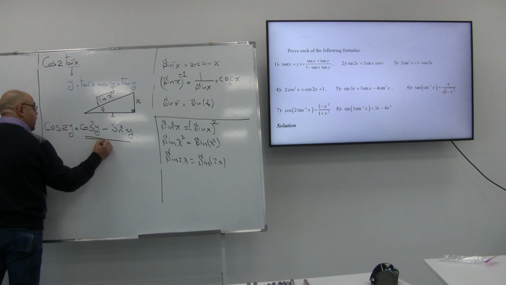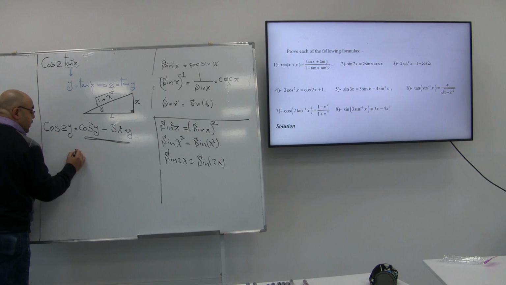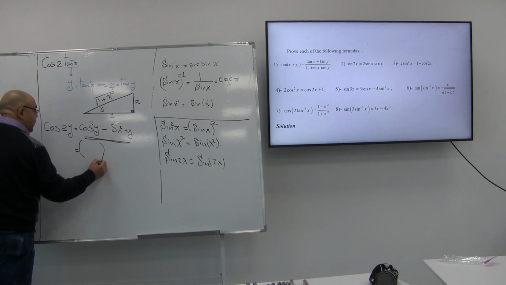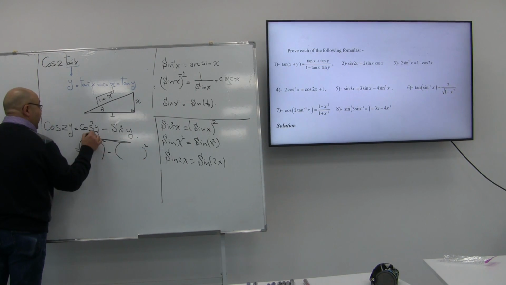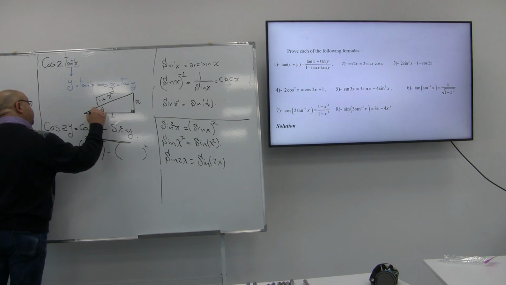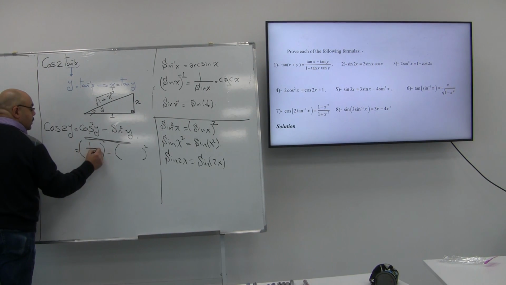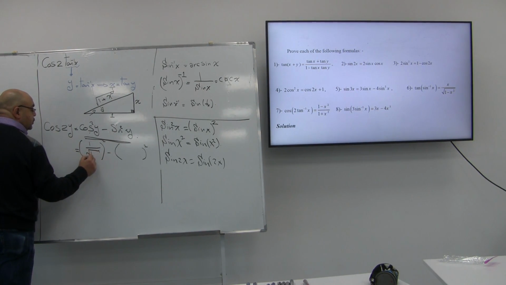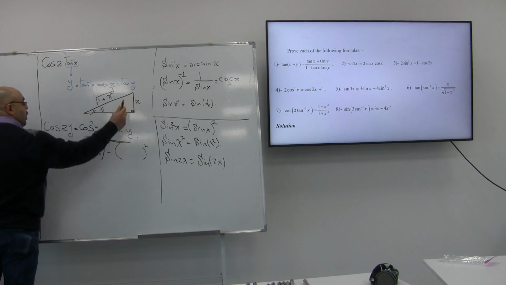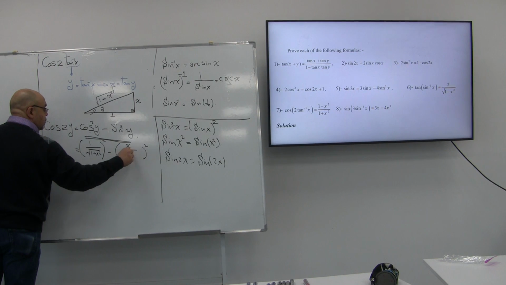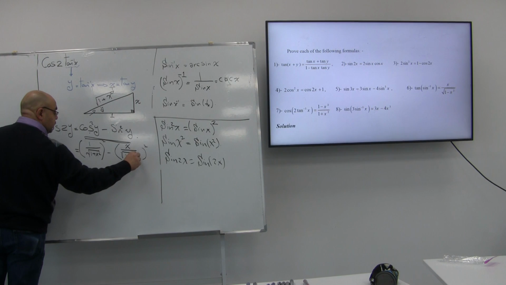This is from the trigonometric relations that we spoke about. So simply I will have a bracket to the power of 2 minus a bracket to the power of 2, and cosine y can simply be got from here. Cosine y is the adjacent, 1, over the hypotenuse, which is root of 1 plus x squared. Same way for sine, which is the opposite, x, divided by the hypotenuse, root of 1 plus x squared.